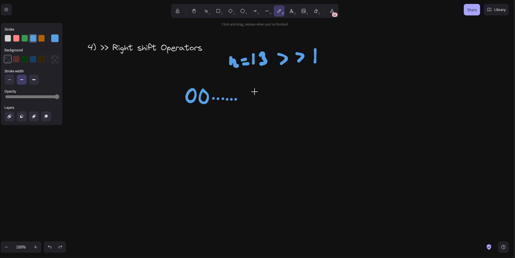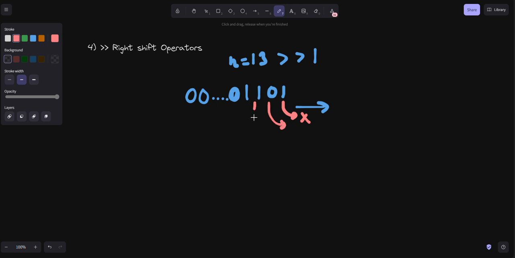How was 13 represented? 1 1 0 1, right? And the rest will be 0, because there are 32 bits here. Now if you are shifting by 1, you are right shifting by one side. So what will this mean? Basically this last bit will go out, which means that it will be discarded.